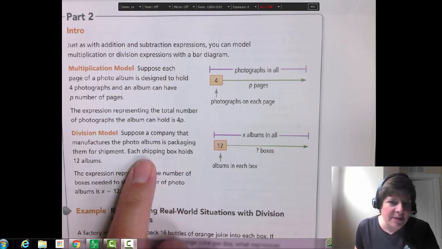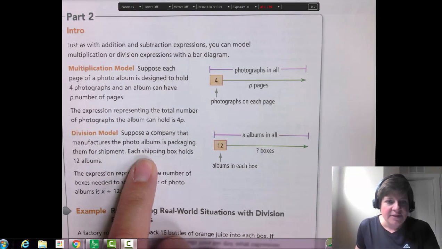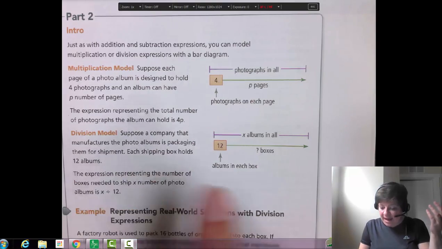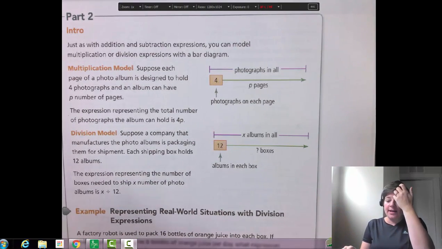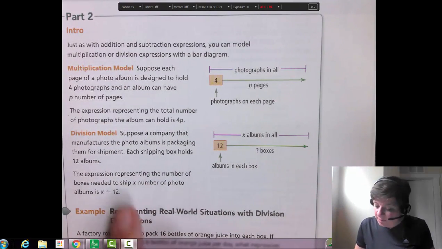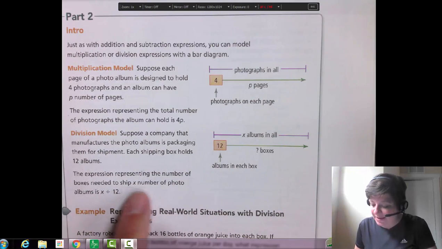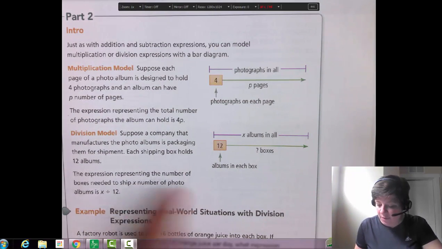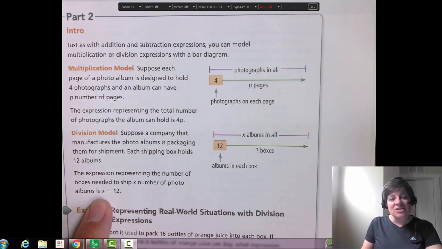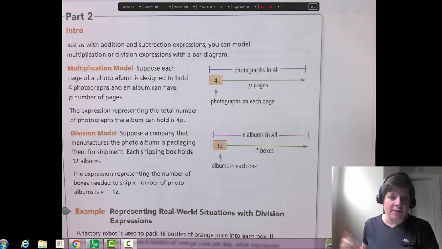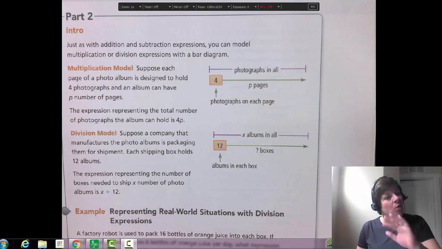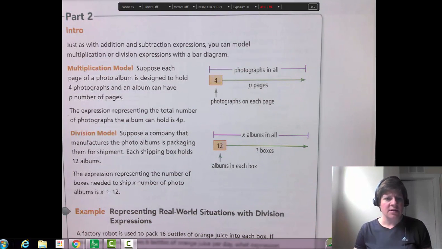I don't know how many boxes, right? So I want the expression representing the number of boxes needed to ship X number of photo albums. It's going to be X divided by that 12, because each one's going to hold 12 albums.